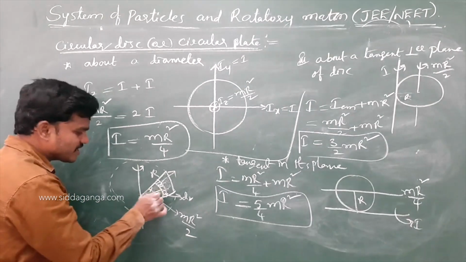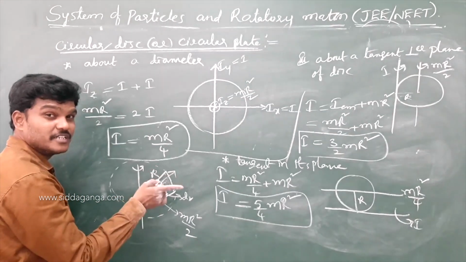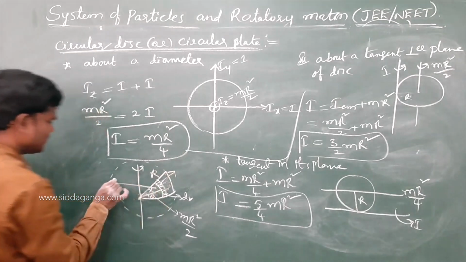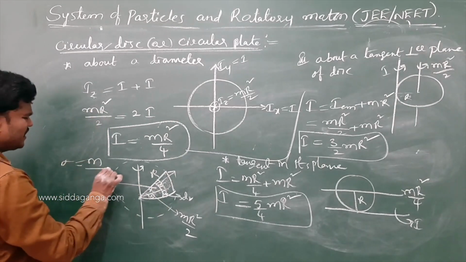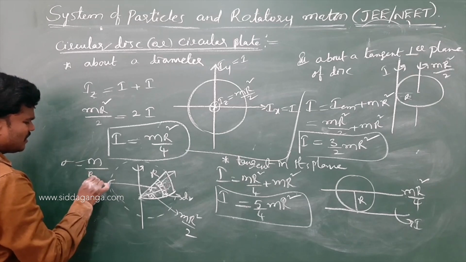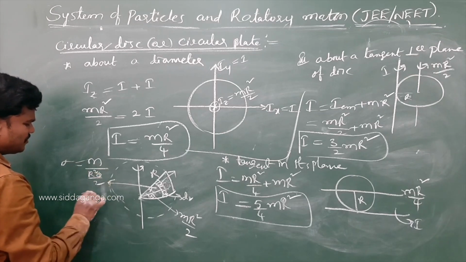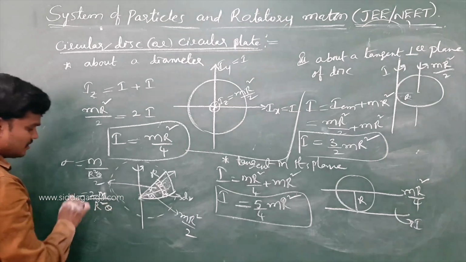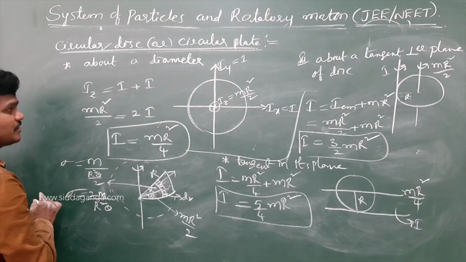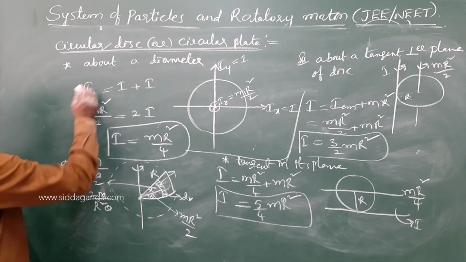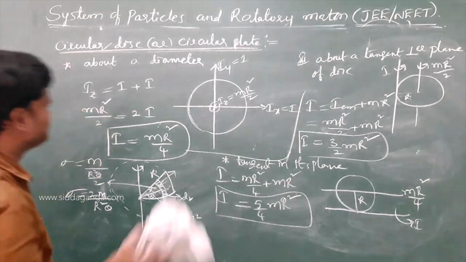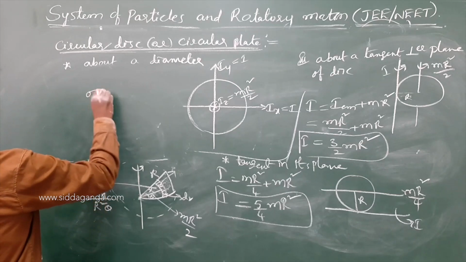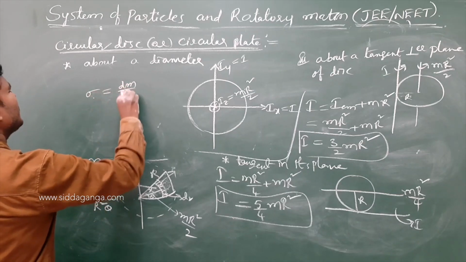Use the sector area, which is half r square theta. So sigma, mass by area, is m by r square theta by 2, which is 2m by r square theta. For a small part, again, sigma equals dm by dA.